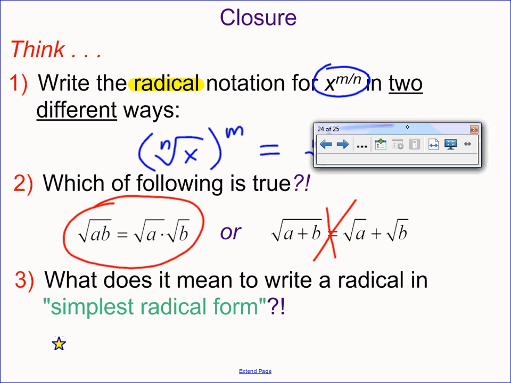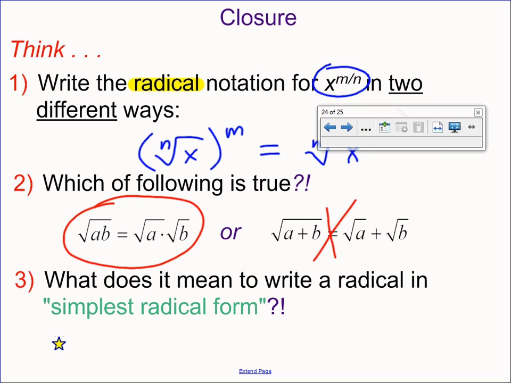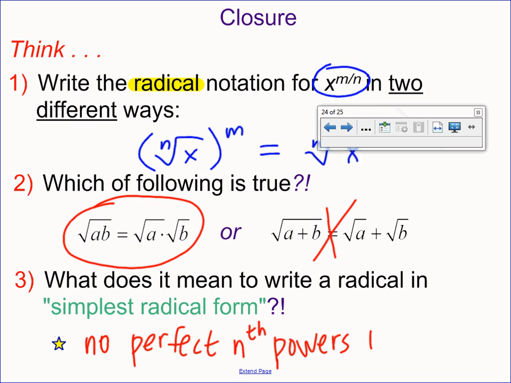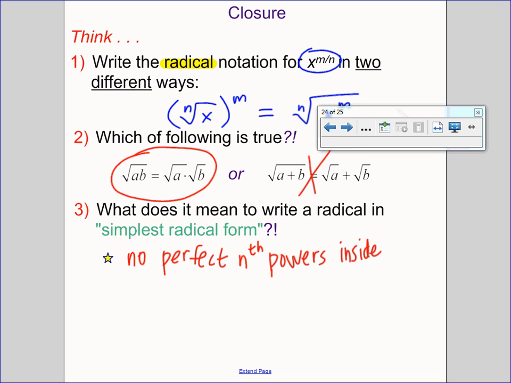And lastly, what does it mean to write a radical in simplest radical form? A radical is fully simplified if it doesn't contain any perfect nth powers. And so no perfect nth powers inside of an nth root.